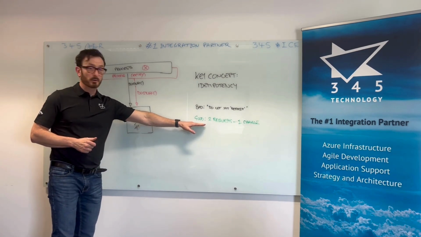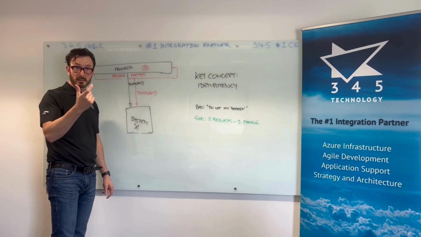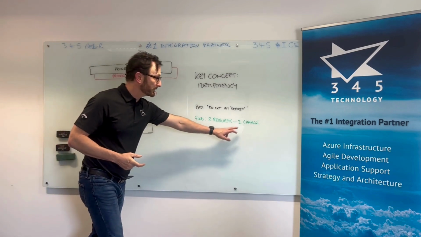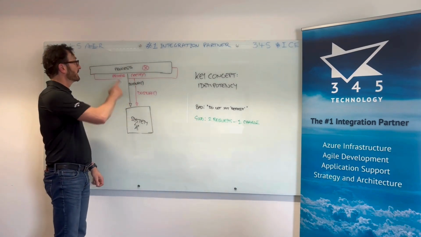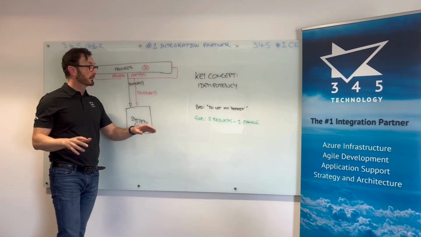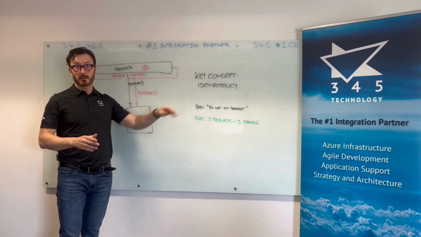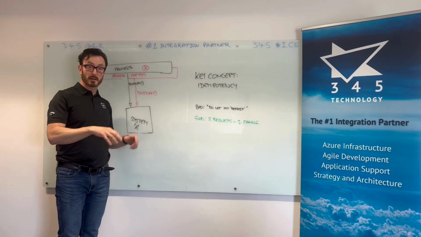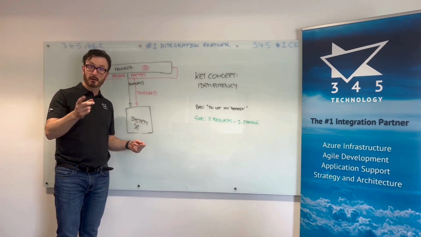Because you've sent the request twice, but because those are tied together by the same identifier, you've done the thing once, which means that if something happened, you've just got to replay, and everything else takes care of itself. That's the key concept in idempotency. So bear that in mind as we go through the rest of our series on disaster recovery.